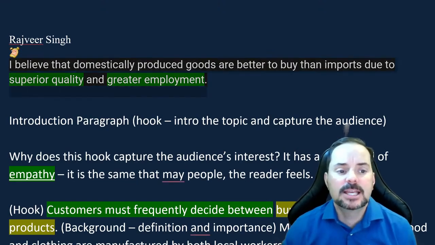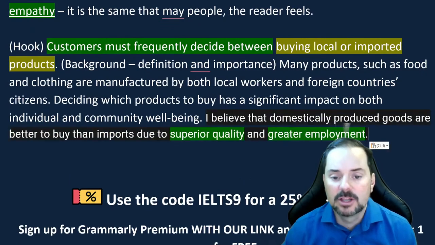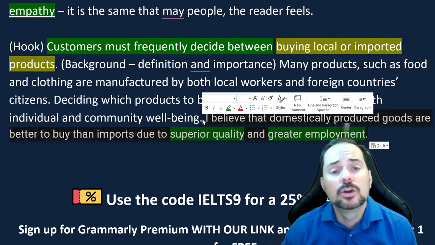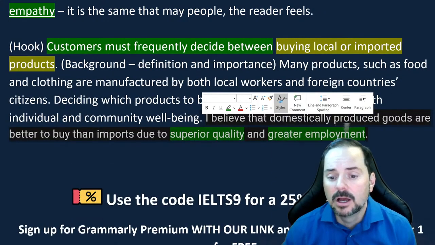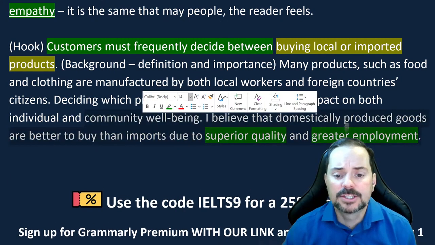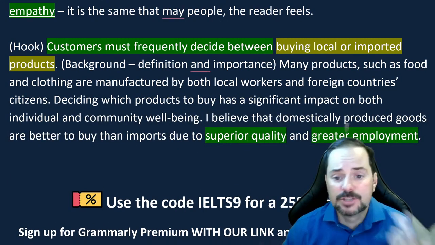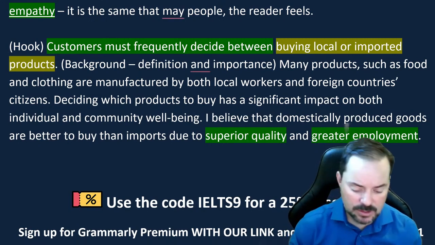And now let's take what Rajveer wrote as the thesis statement and develop that into an essay. A good thesis statement can be developed into an essay by any good writer. It doesn't even have to be your own, okay? So let's develop Rajveer's. Now here is your Band 9 introduction, okay?